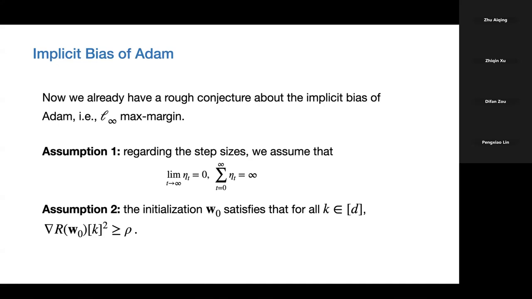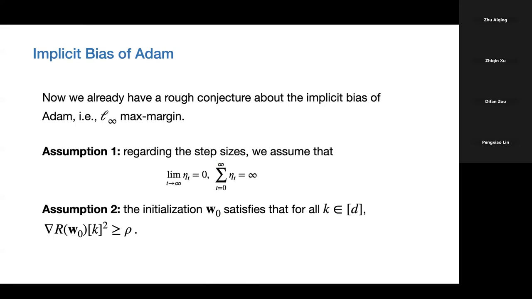Here we have a conjecture about the implicit bias of Adam: it may want to reduce the L infinity norm of the weights, but also want to make the training loss small to make the training error 0. Just like the standard L2 max margin solution, we conjecture that Adam is perhaps converging to the L infinity max margin solution.